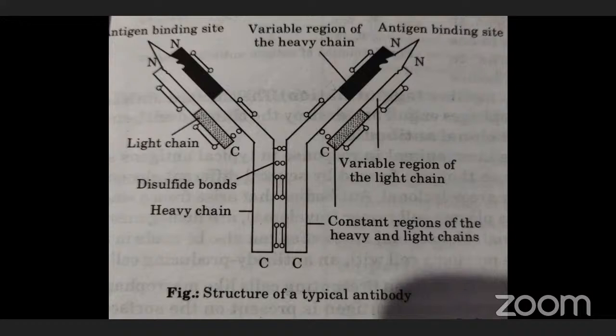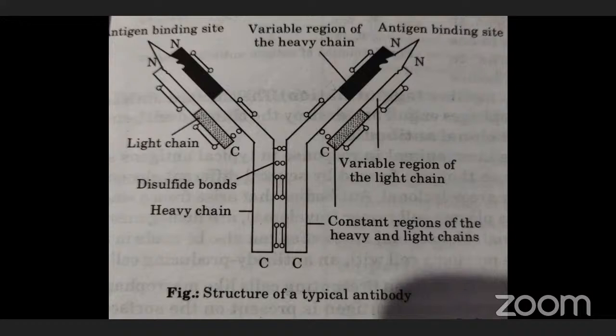Heterophil antigens occur in unrelated animals. Heterophil antigens are identical and exist on the surface of cells of unrelated plants, animals, and bacteria.